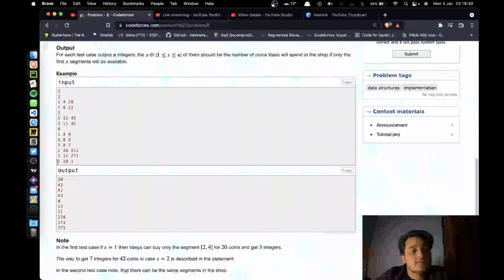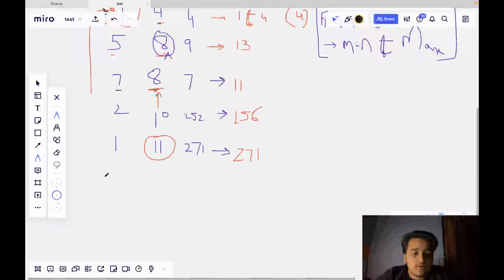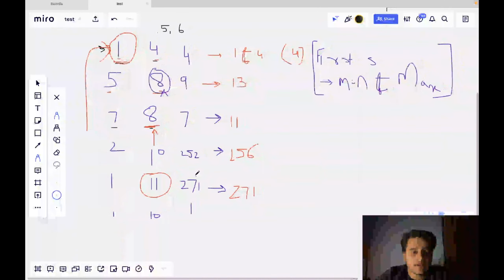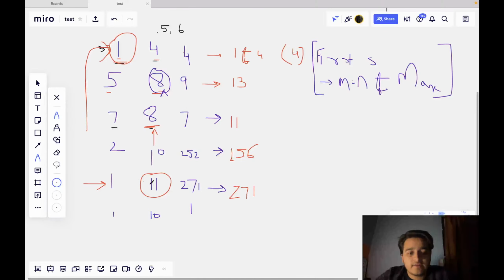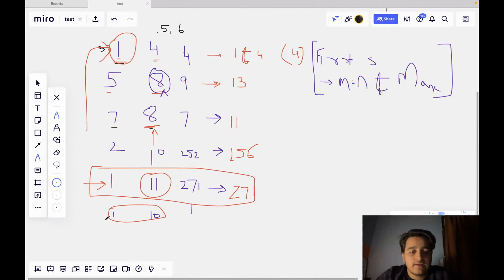And what is the last? It is 1 to 10, and it costs just 1 coin. But what is the maximum till now? The maximum is this one, and the minimum till now is 1. This segment itself covers the last segment too, because we have all the integers from 1 to 10 in this segment.